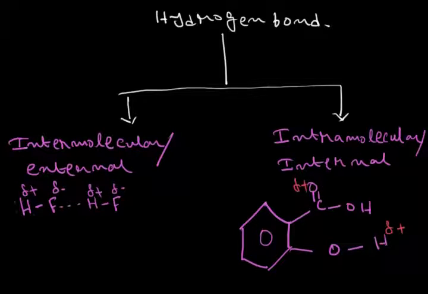So, attraction between O and H occurs in this way, and this is represented by three dots. This is called internal or intramolecular hydrogen bond. The COOH group and OH group are present in the same molecule and they form hydrogen bond. So when hydrogen bond is formed within a single molecule, it is called intramolecular hydrogen bond.